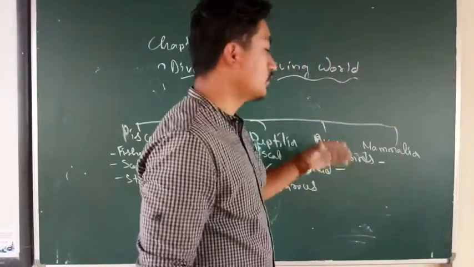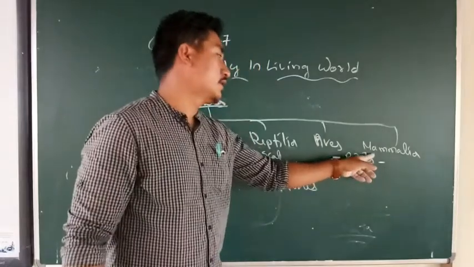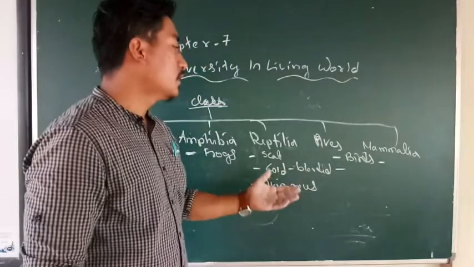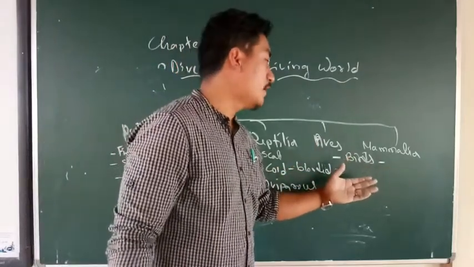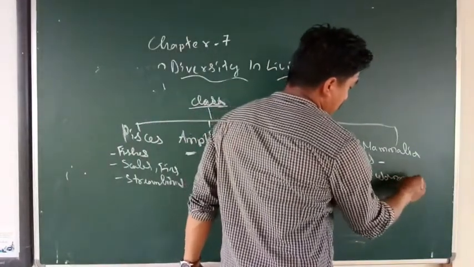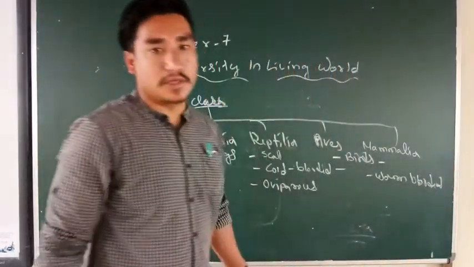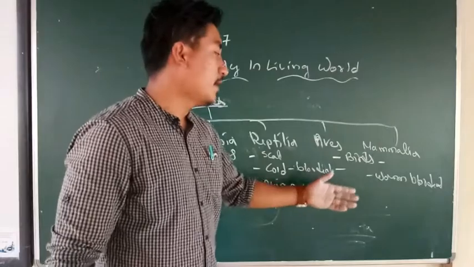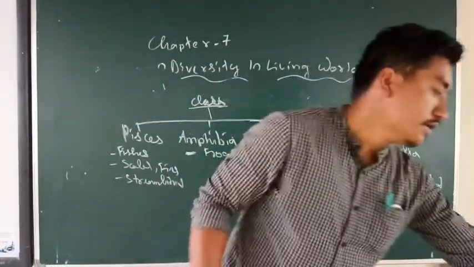It includes those organisms which give birth to young ones, with the exception of platypus. Then they are also warm-blooded organisms. That means they are able to maintain a constant body temperature even when the environmental temperature changes.